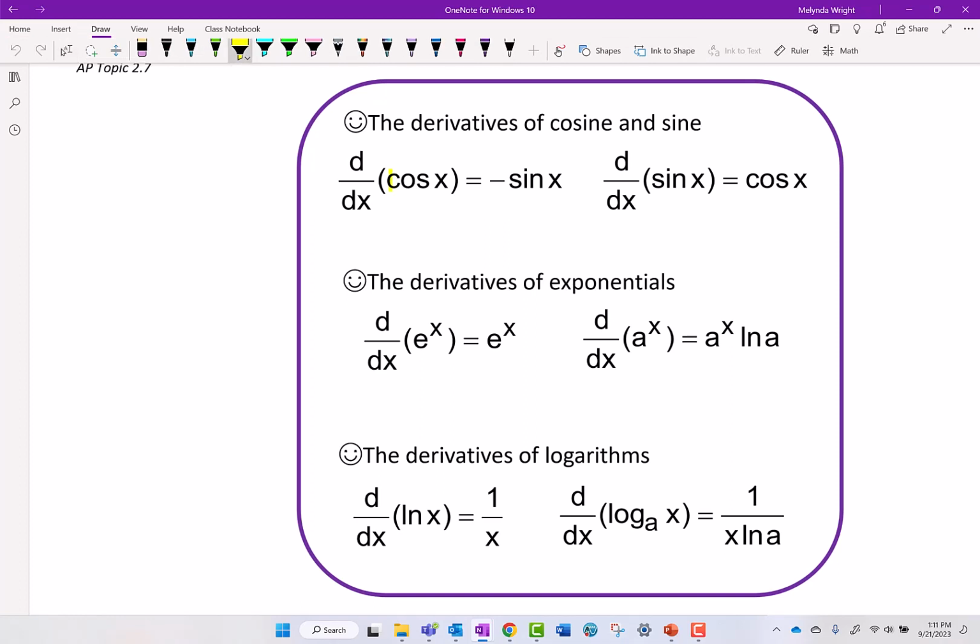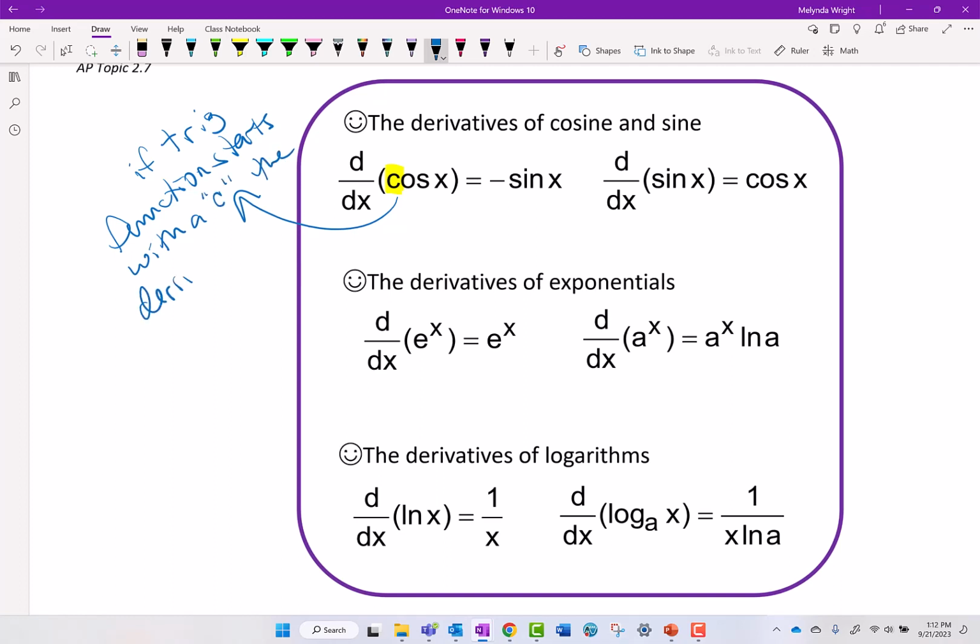All right, so if the trig function starts with a c, the derivative will be negative.